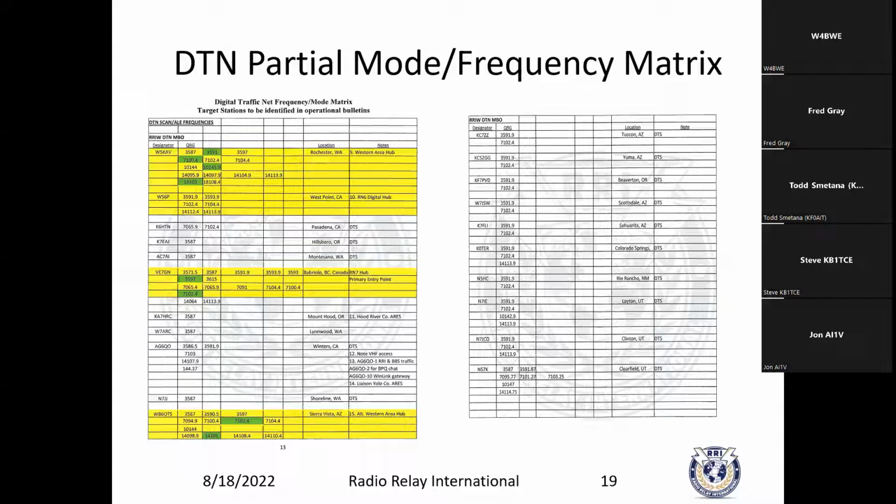If you can't connect to the node that maybe is in your area for whatever technical reason, perhaps lack of circuit capacity or a technical problem, there's other nodes that you could locate in this matrix and move to use one of those modes or frequencies as an injection point for the digital traffic network.